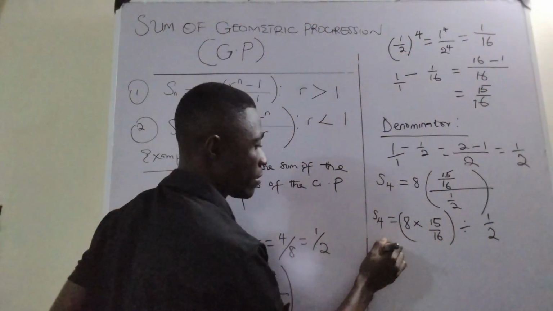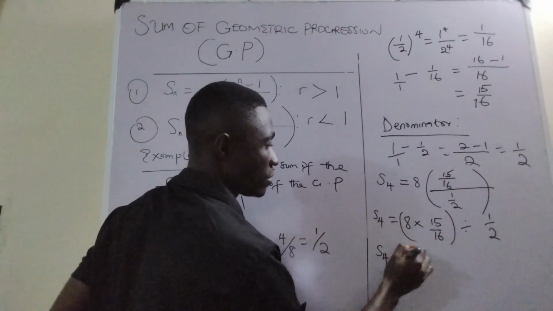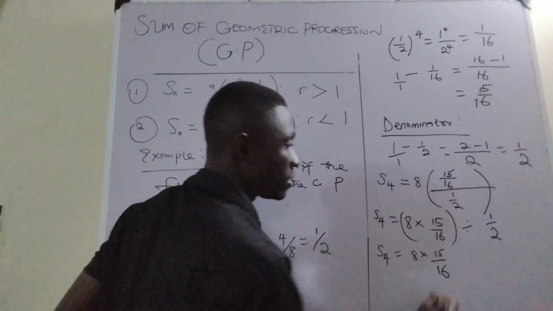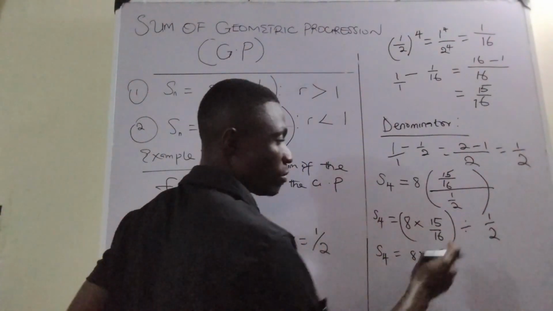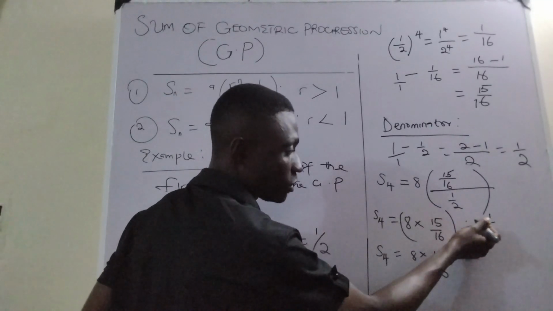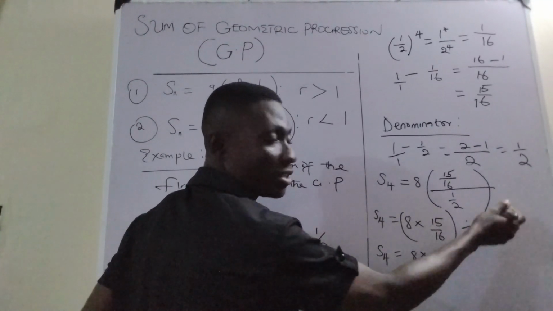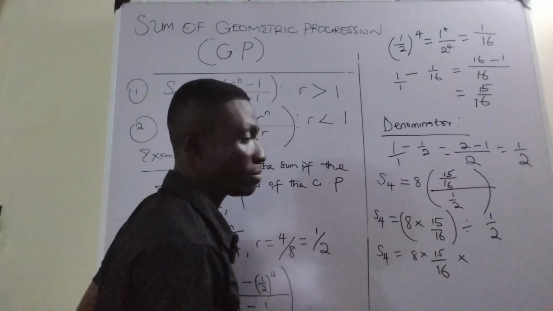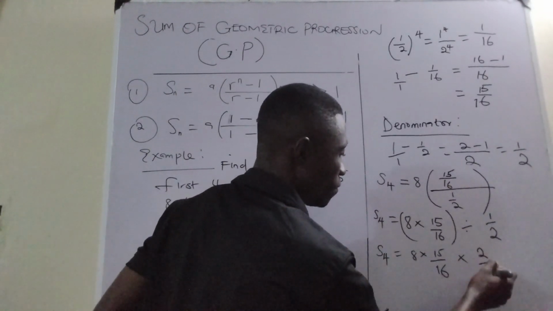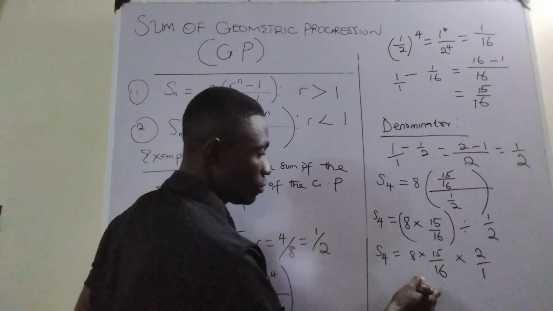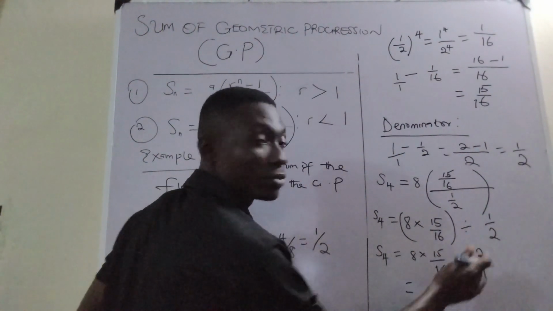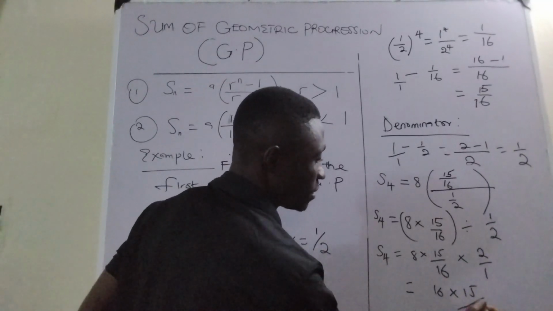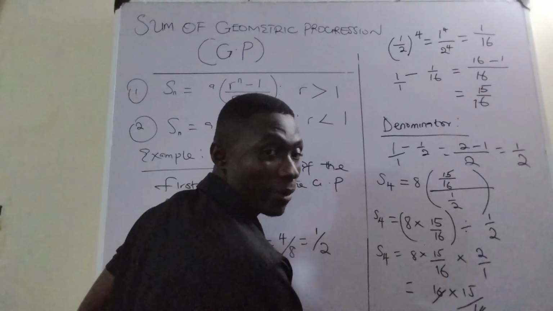Which in turn I can write that my sum of the first 4 terms is 8 times 15 over 16, and I'll use what is called multiplying by the reciprocal, where the division sign changes and then we take the reciprocal of the last fraction. So I can change this to multiplied by 2 over 1, which will in turn give us 8 times 2 is 16 times 15 over 16.